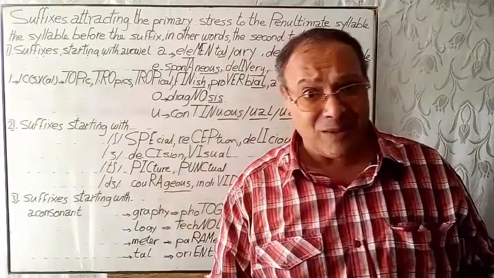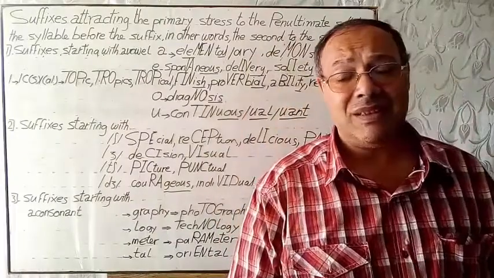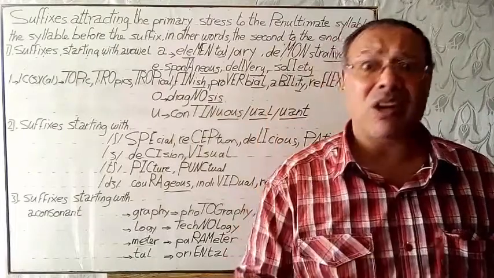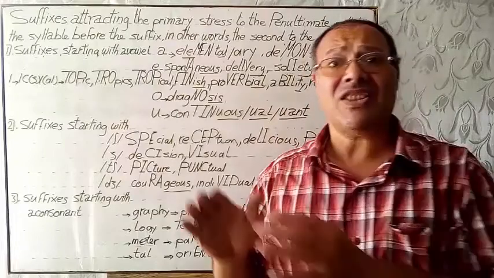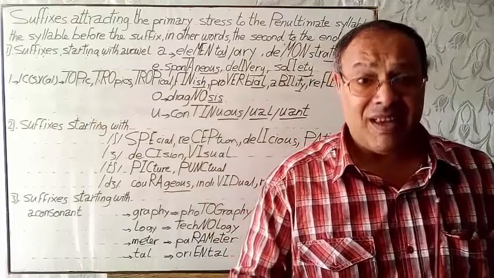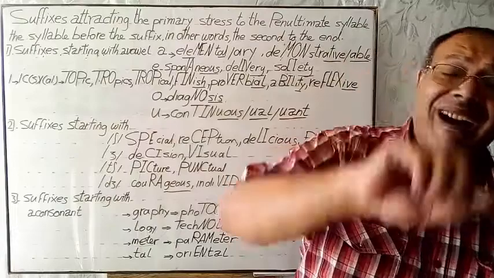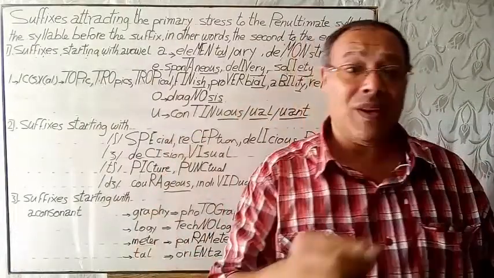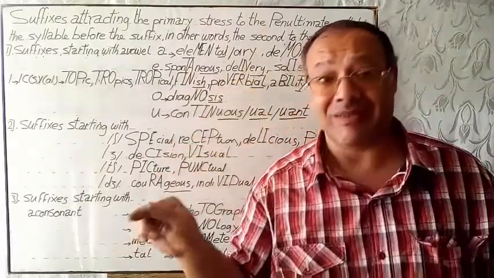The second syllable is stressed because, as we have already mentioned before, the syllable that ends in two consonants is a heavy syllable, so it's stressed. In that case, we add ION, not TION.